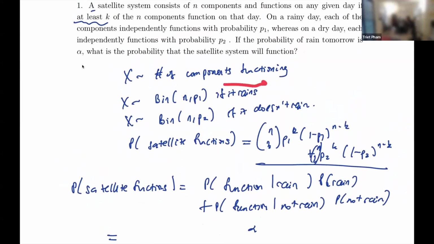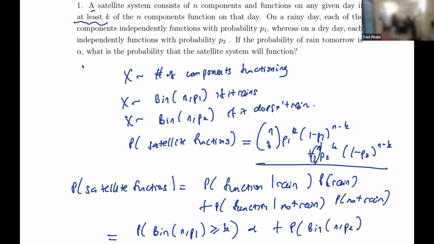we identify, right? So now if it rains, then we know that we're going to have a binomial. So we can say there's P of a binomial with n and P1 greater than or equal to K. Like that.